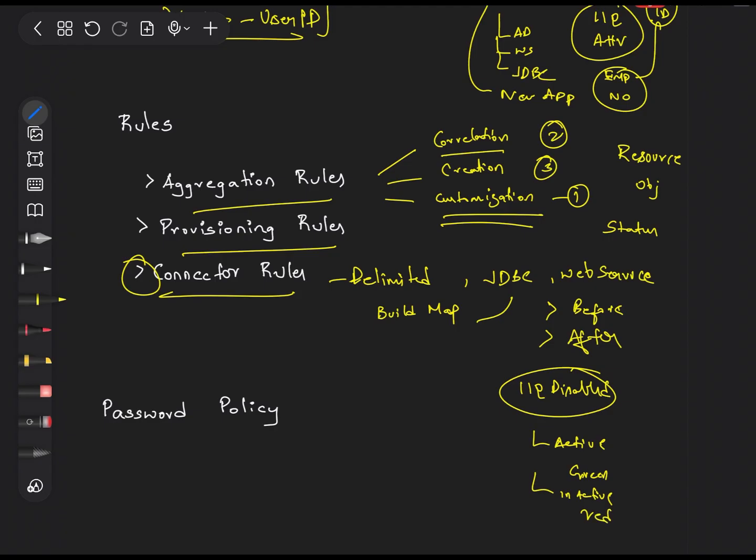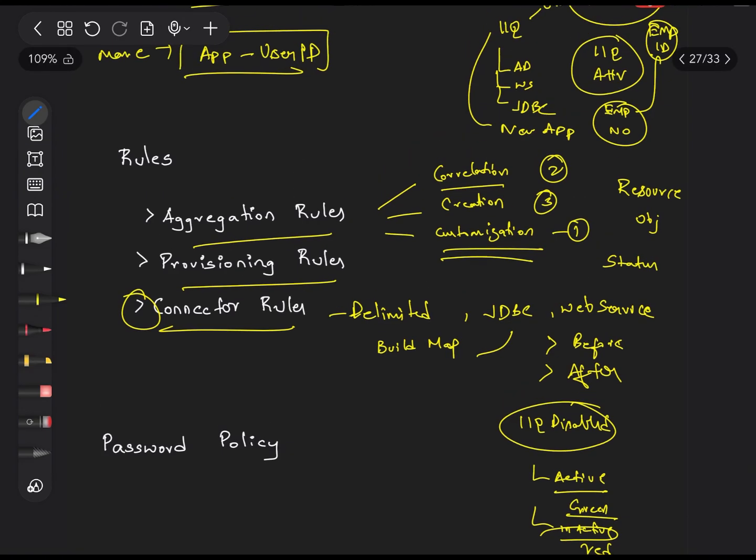To show this, during aggregation you can specify in the customization rule: if the attribute value is active, set IAQ disabled as false, otherwise set IAQ disabled as true, so that you will see green and red in the IdentityIQ warehouse tab.